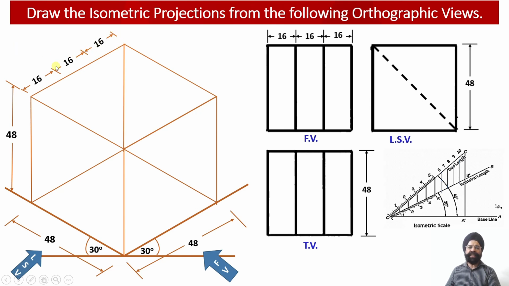We have marked distances of 16 millimeter on the top surface, so that from the front view we will be able to get these three webs over there, because even from the top these three webs will be available. So in the top view it will be this face, and the top faces of the webs are going to lie over here.